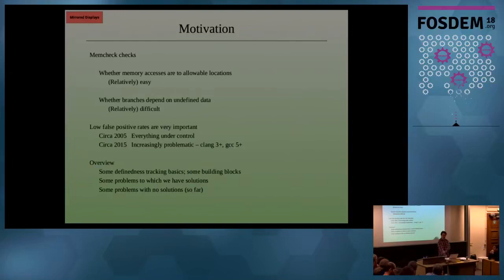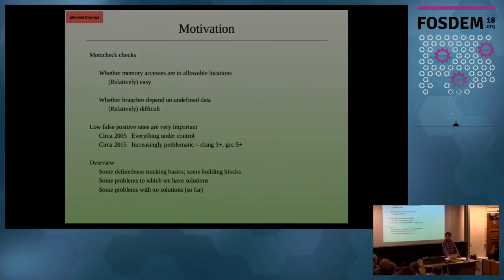Back in the good old days of 2005, that was all fine. We had most stuff under control. Occasionally you got false positives, but we could get rid of them. Ten years later, we have Clang 3 and GCC 5 and their successors generating all sorts of problems, some of which are not easy to get rid of.